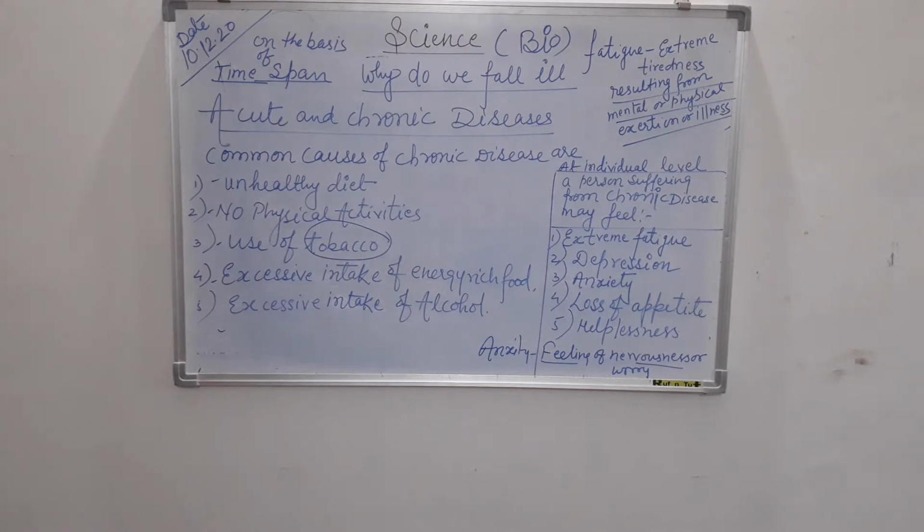Chronic diseases. A disease or a disorder that has a very rapid onset and lasts a short time is called an acute disease.